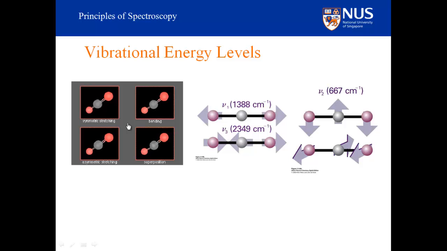In this animation, you can see the symmetric stretch, the asymmetric stretch, the bending motion, and the superposition of all the modes. Let me show that again. Here we have the symmetric stretch, the asymmetric stretch, the bending mode, and a superposition of all 3.